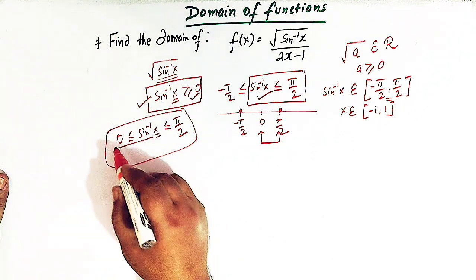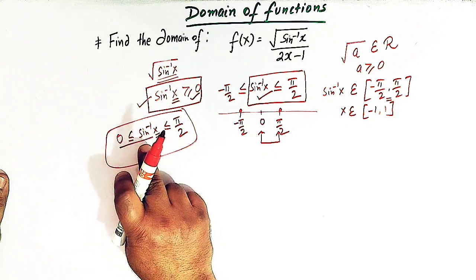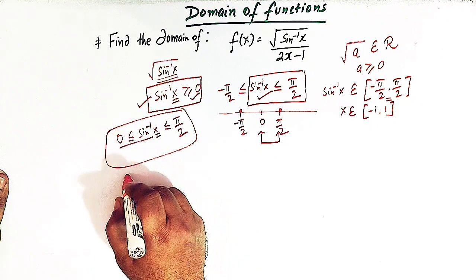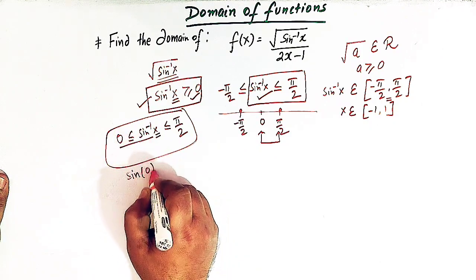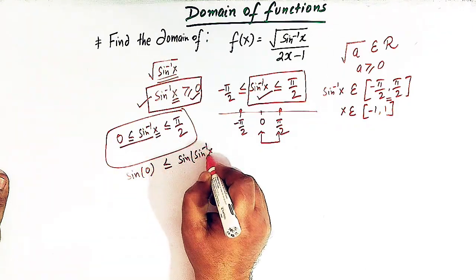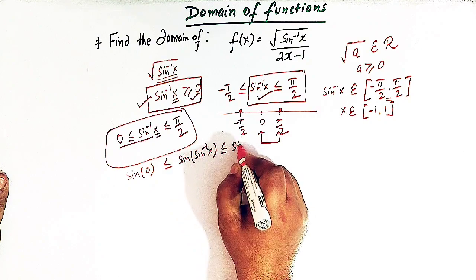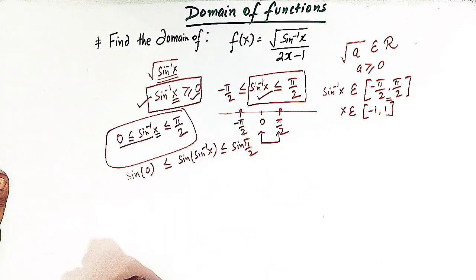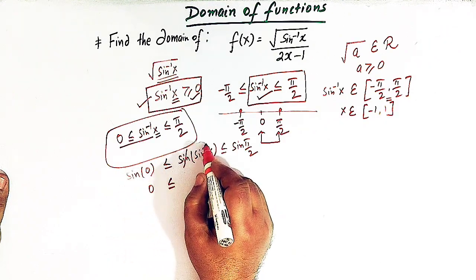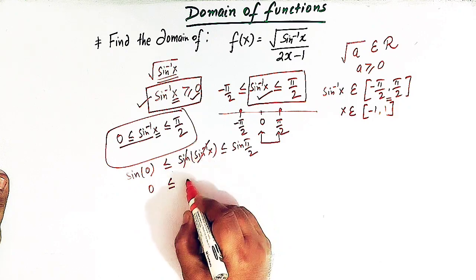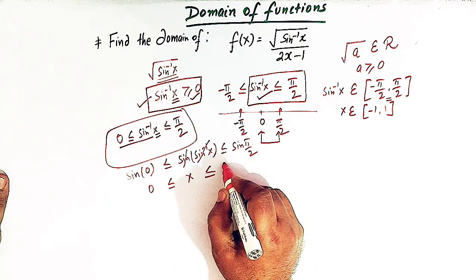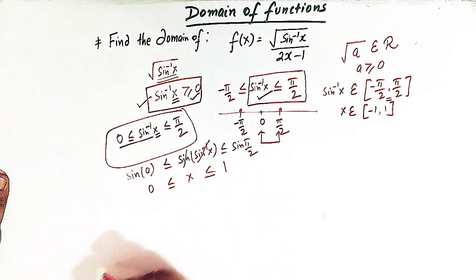So now let us take the sine function of all these three expressions, right? So we have sine of 0, then here we have sine of sine inverse x, and then here we have sine of pi by 2, right? So sine 0 is simply 0, and here sine and sine inverse get cancelled, so we have x, and here we have sine pi by 2 which is equal to 1, right?